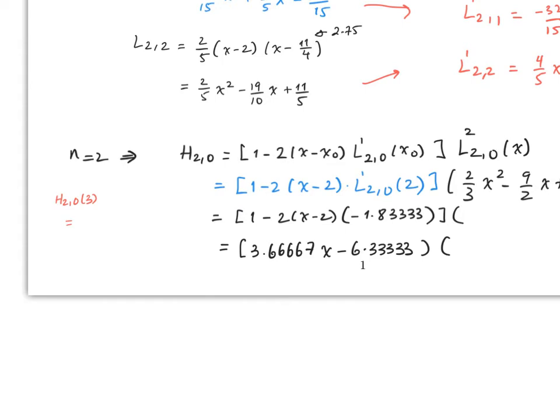You should check that all of this is actually equal to 4.6668 times 0.2777, and this is equal to 0.12963. Definitely check this, because this is the value we're going to use in a little bit.